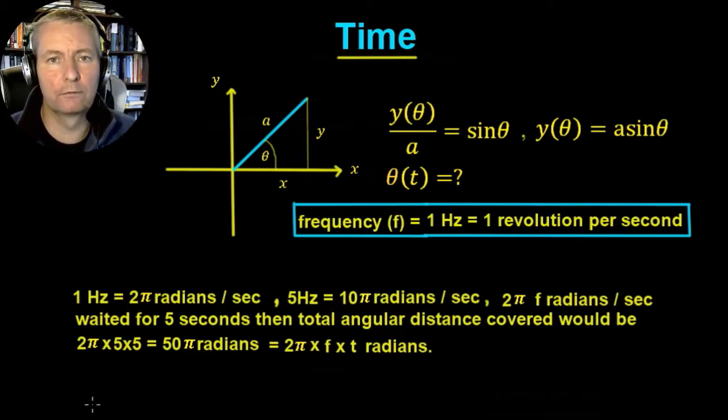If we waited for 5 seconds, the total angular distance covered would be 10 pi radians times 5 seconds, which is 50 pi radians. So in total it would have travelled 2 times pi times f times t radians, so 2 pi f t radians.